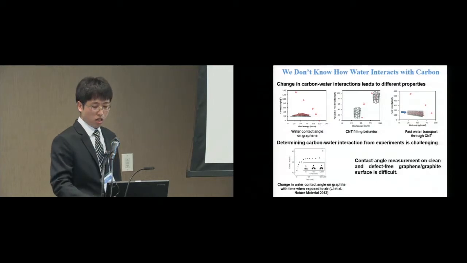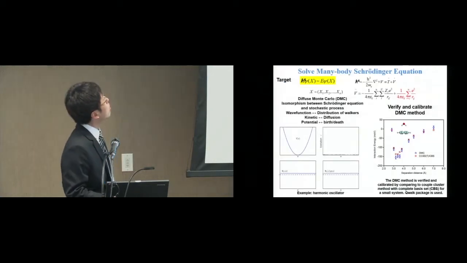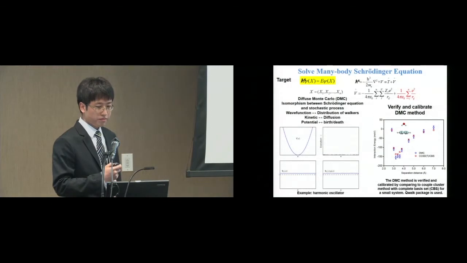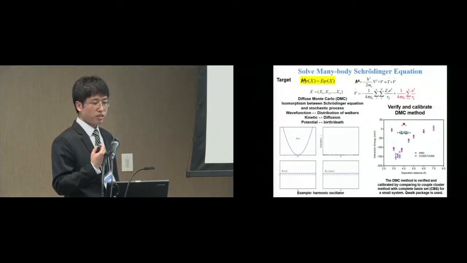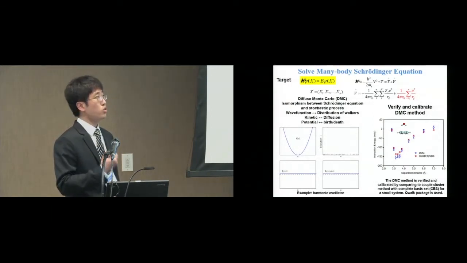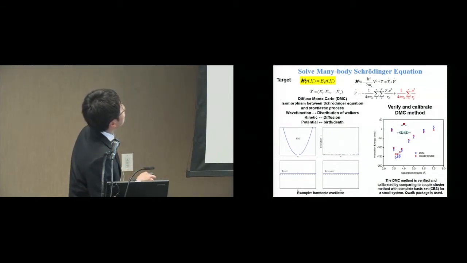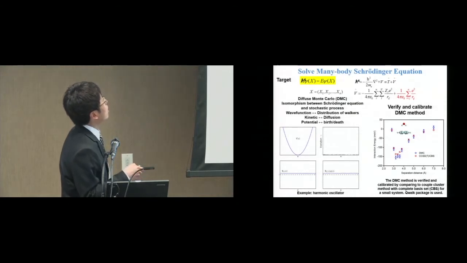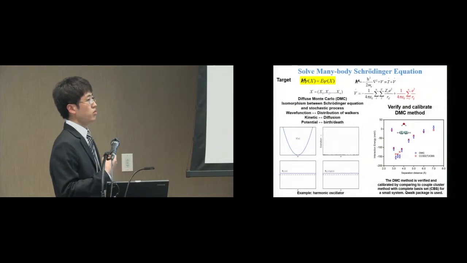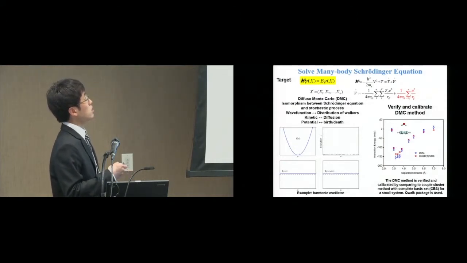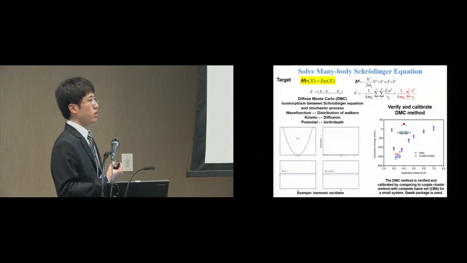So we take another approach. We are trying to estimate this binding energy by solving the many-body Schrödinger equation. The equation is shown here, and X represents the positions of all the electrons. This is a very high-dimensional problem because, for instance, if we have only 300 electrons in the system, that corresponds to around 900 dimensions.